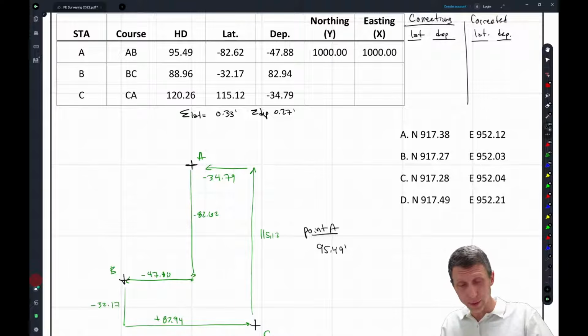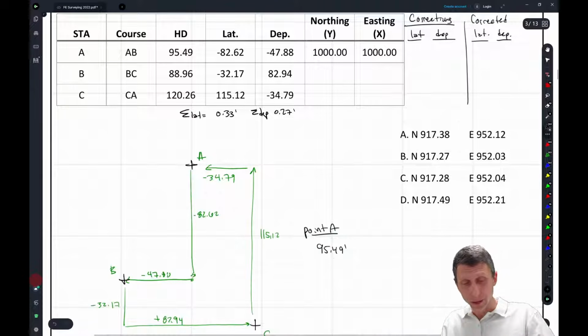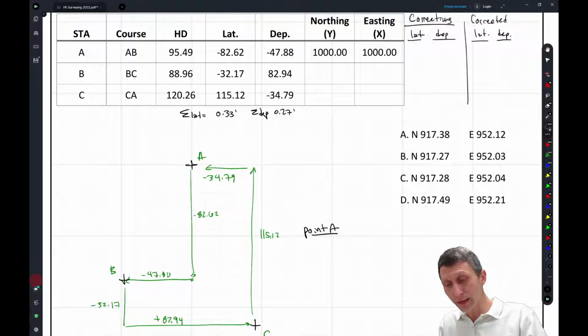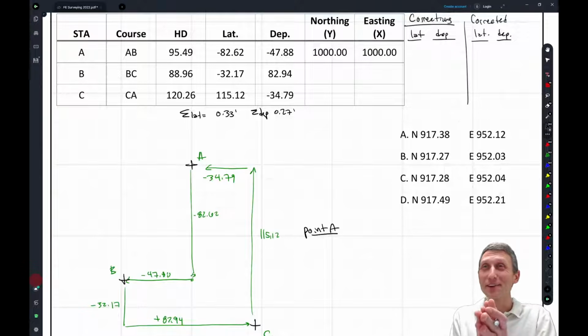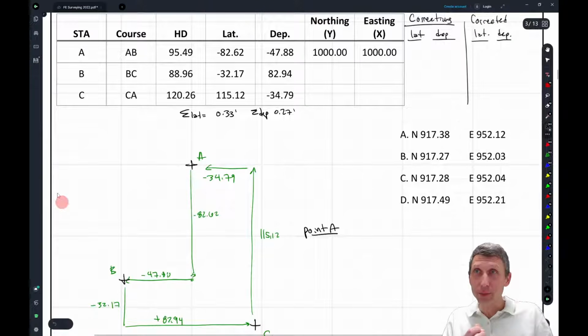Let me start over. In order to correct these, I'm going to weight these departures, how much we split this, based on these lengths. So I'm going to take the 95.49 and divide it by the sum of all the lengths.